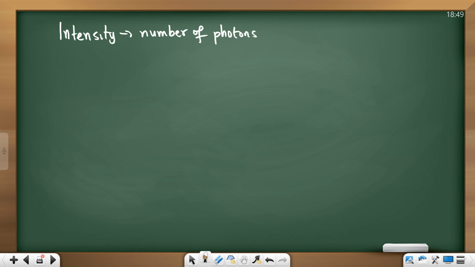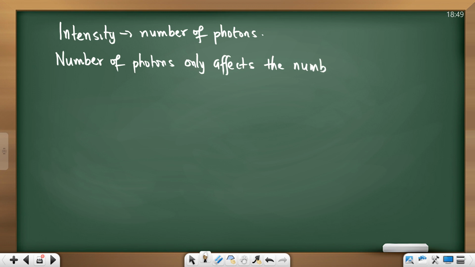And the number of photons only affects the number of electrons when there is photoelectric effect.